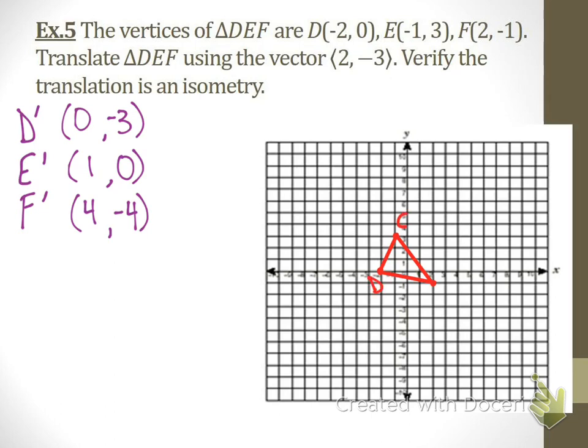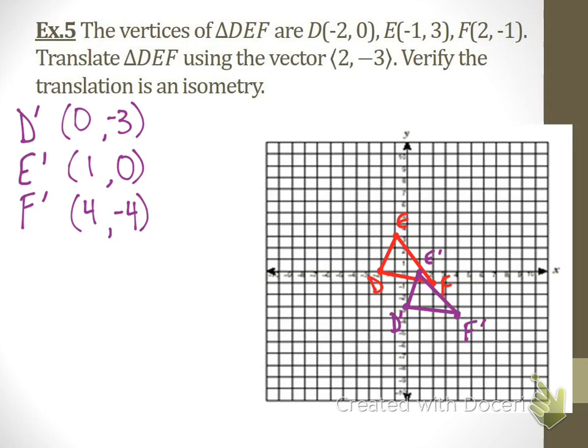So that is my D, E, F. And then we could graph our translation. 0, negative 3 for D prime, 1, 0 for E prime, and 4, negative 4 for F prime. They overlap each other a little bit, but visually, do these look to be the same size and shape? Yeah, so visually we could verify that's an isometry.